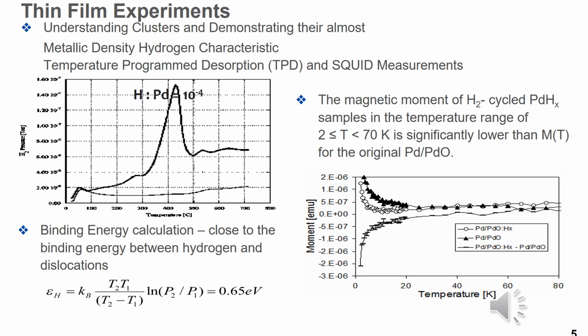For example, in temperature program desorption experiments, we found that the peak in desorption of deuterium occurs around 450 or 500 degrees, which is close to the binding energy between hydrogen and dislocations, which is about 0.6 eV.